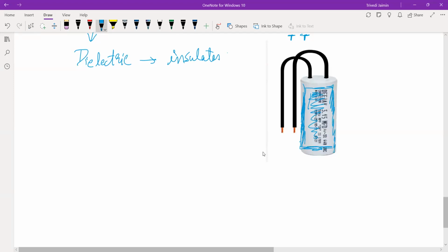So there will be an outer layer here, that is called the dielectric. It's like an insulator. It will insulate whatever material we have inside, so that there will be no external influence from the environment. In simple terms, it's just an insulator.